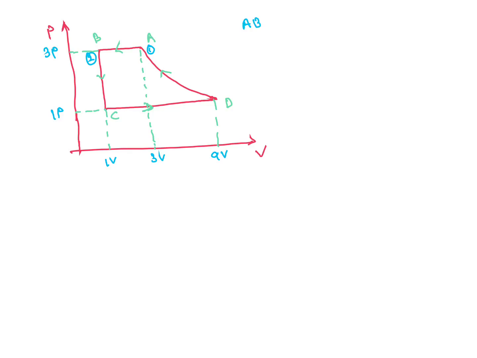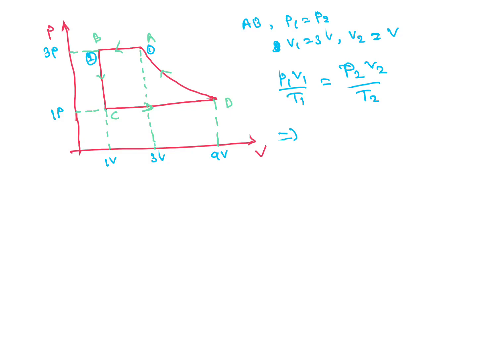During process AB, P1 equal to P2. P1 is pressure at A and P2 is pressure at B. So volume V1 equal to 3V and V2, volume at B, is V. Then P1 V1 by T1 equal to P2 V2 by T2. From here P1 same, both are 3P, cancelled.